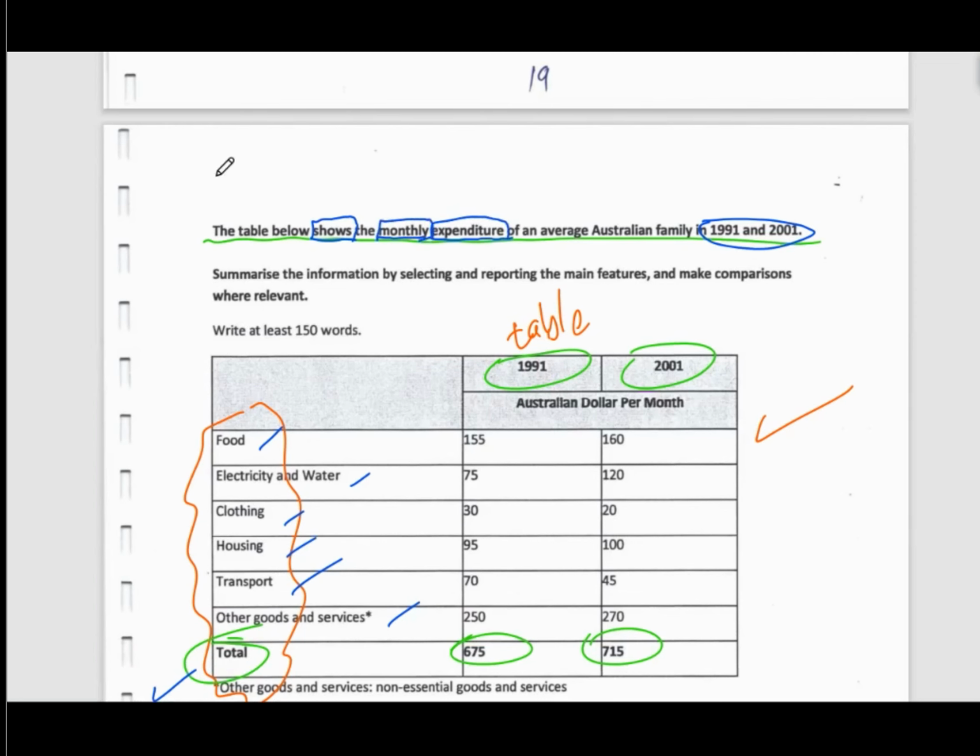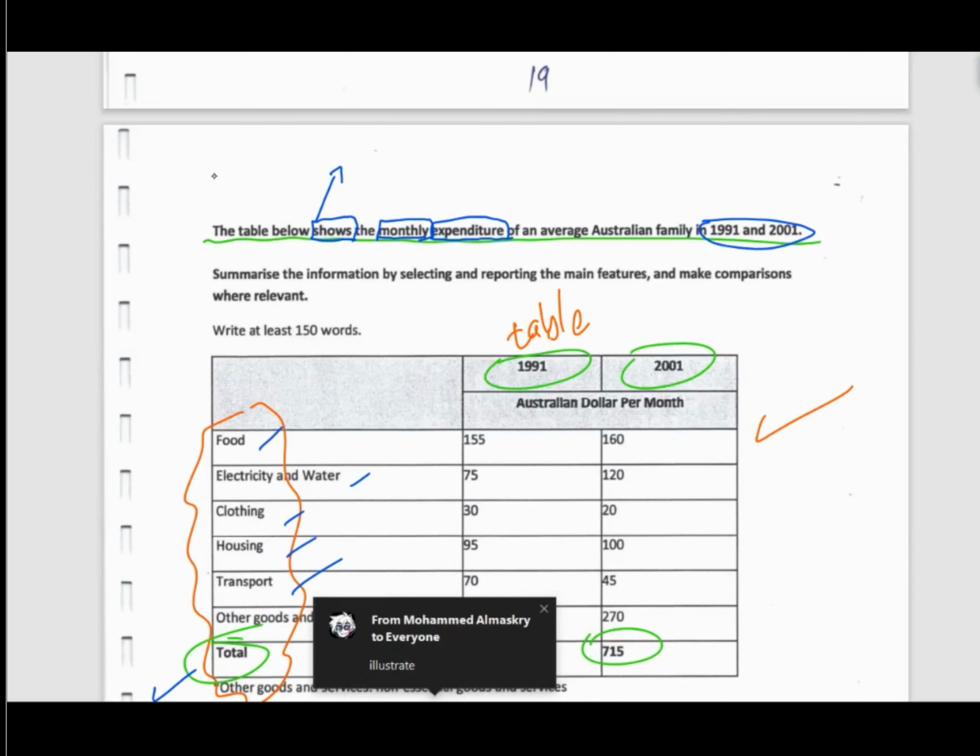For shows, we can say illustrates, presents, explains, gives information about. We will also study these synonyms later.